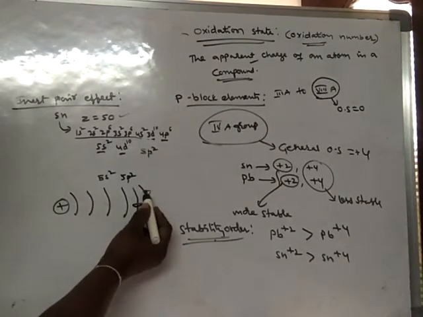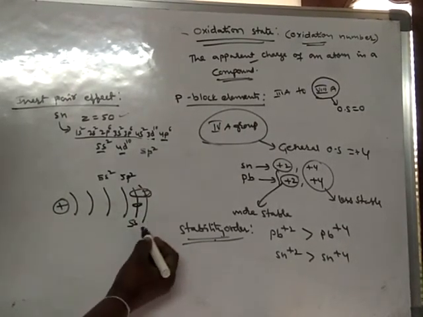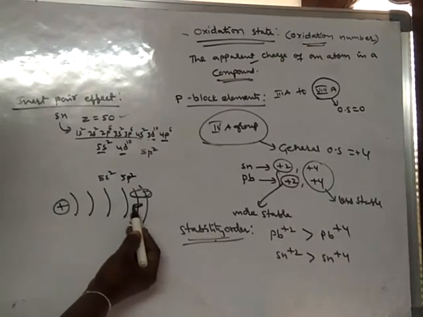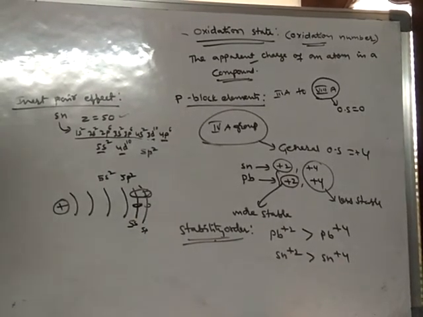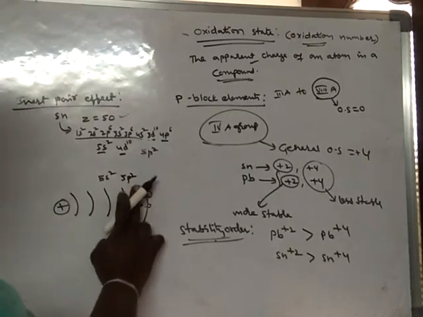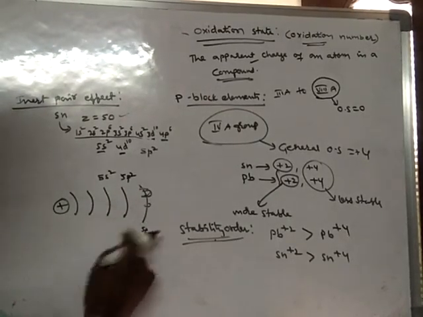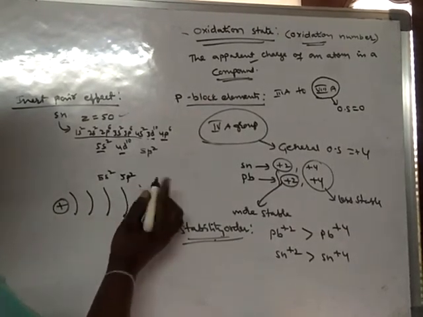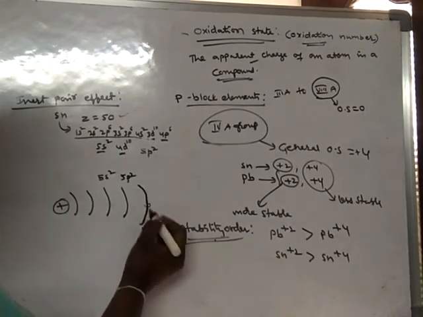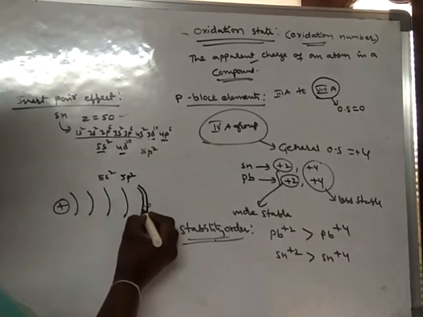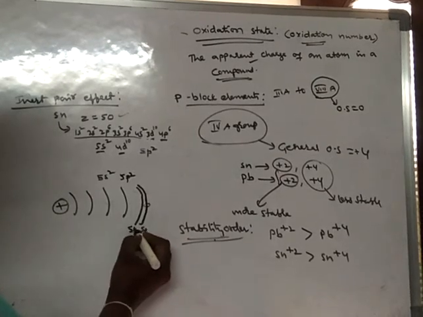This is the fifth orbit, 5s and 5p. Every orbit has suborbits, and the suborbits of the fifth orbit are 5s and 5p.